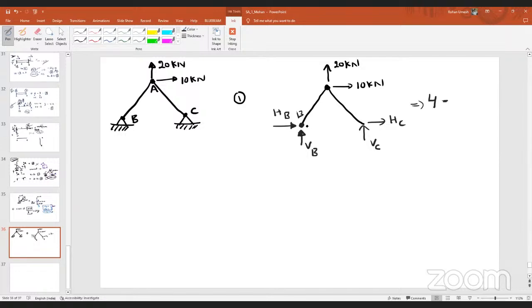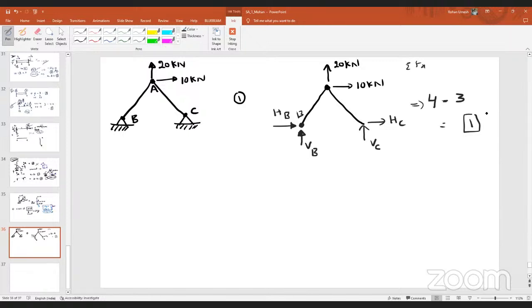Yes, sir. So how many equilibrium equations do we have to consider? 3. So what is the indeterminacy? 1. That means if I simply draw the equilibrium of the entire structure, the indeterminacy is showing as 1.